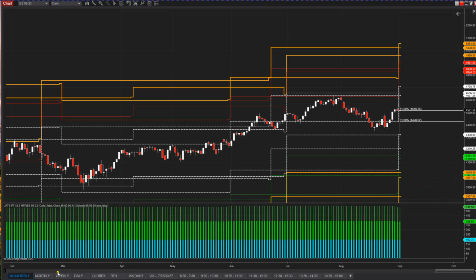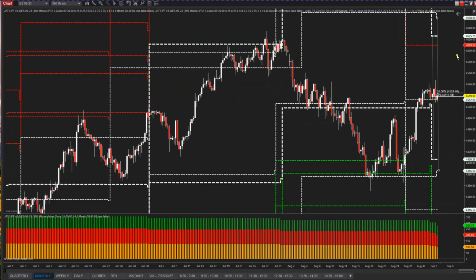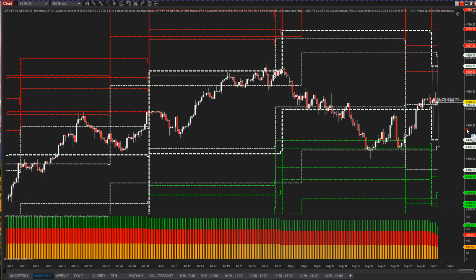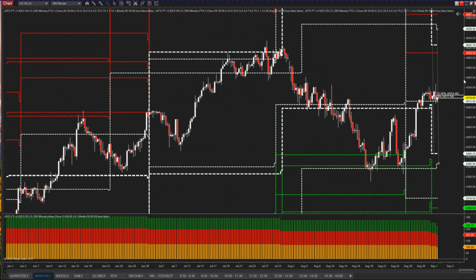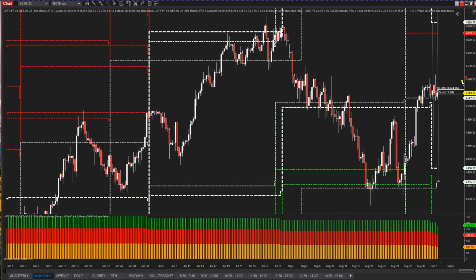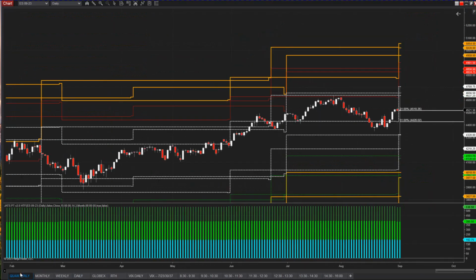And let's go look at the monthly. So I've got new levels for the month. I do 30-day and 1 month and 4 week. And so I've got 45.24 and 45.17, close in alignment with the quarterly, just a little bit outside.